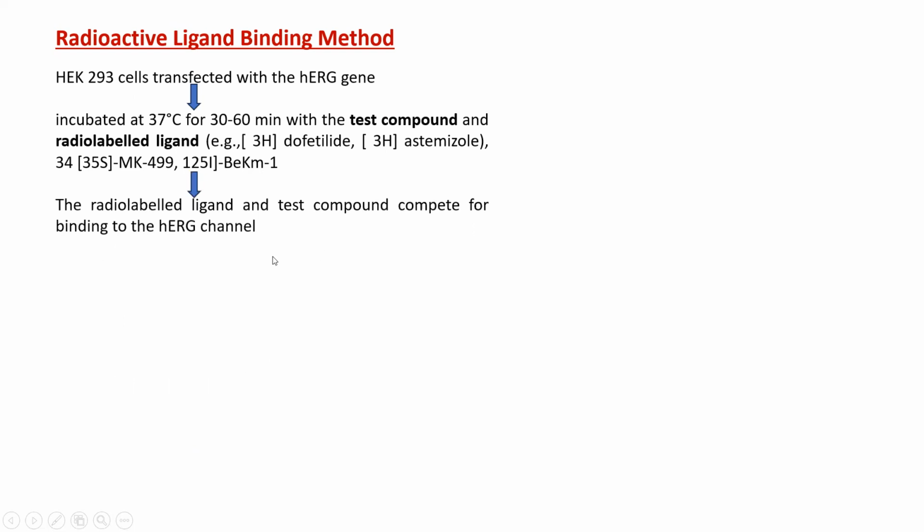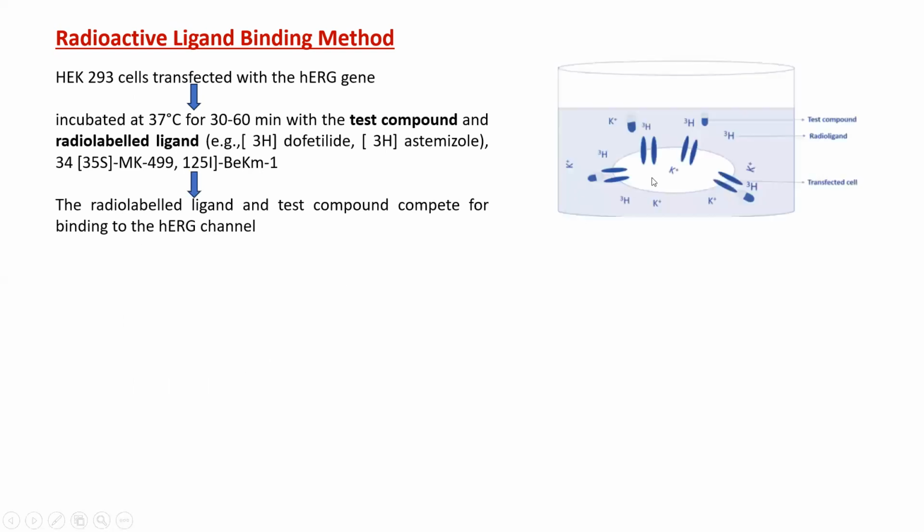The radiolabeled ligand and test compound both compete for binding to the hERG channel. Here you can observe this is the radioligand, these are the test compounds, and these are the transfected cells. Both compete for binding to this potassium channel.